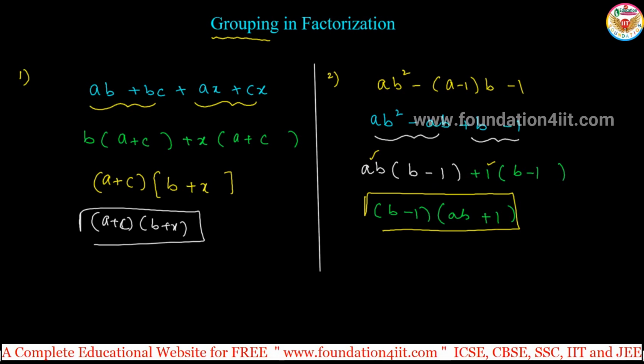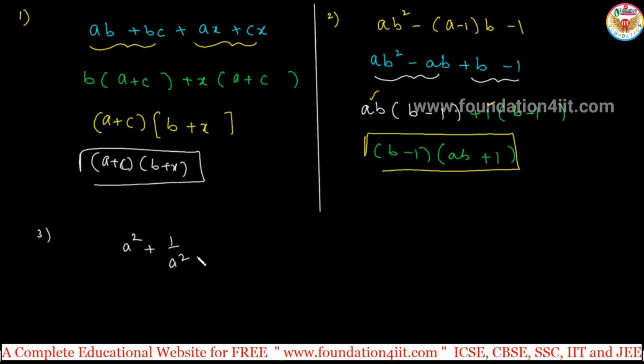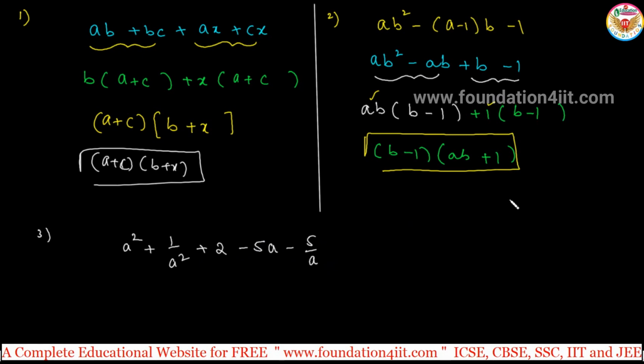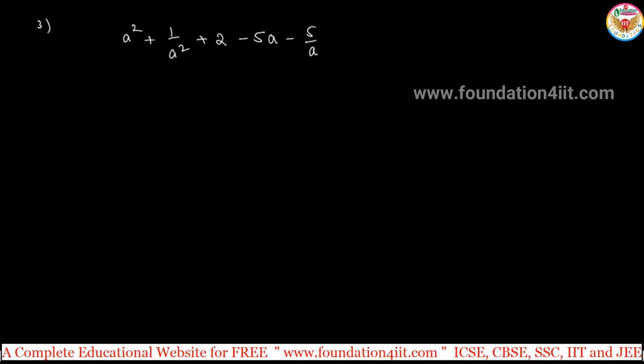This is one type. And when you come to another method, let us see one example. Factorize: the question is a square plus 1 by a square plus 2 minus 5a minus 5 by a. By observing the question, we need to check whether any formulas exist in this.